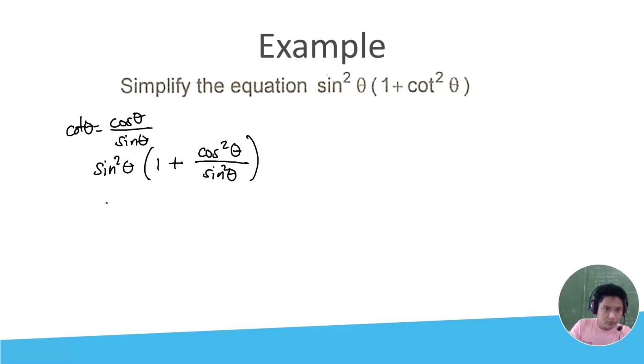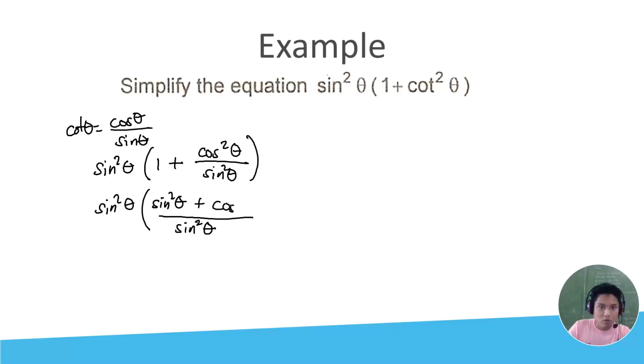So, the common denominator is sine squared theta. Evaluate 1 plus cosine squared theta over sine squared theta. We have sine squared theta as the common denominator. Divide this times 1, sine squared theta. Divide this 1 times cosine squared theta plus cosine squared theta.